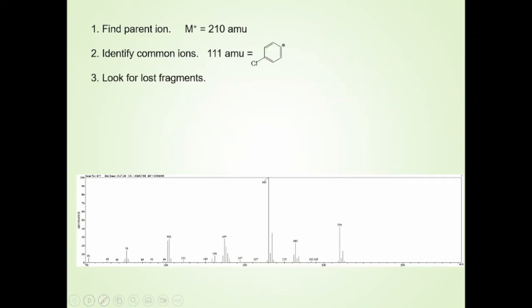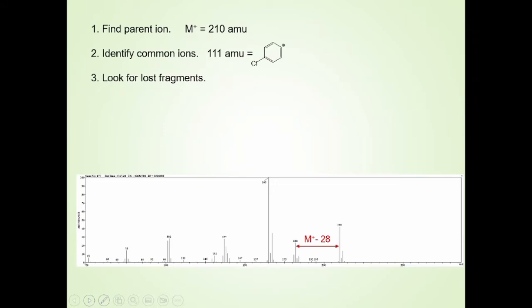The other thing we look for is lost fragments. So we look at the parent ion and what has been lost to give the other peaks. So for example, we have a peak here at 182. So if we look at the difference in mass between 210 and 182, it's a difference of 28. And we would think then, what has a mass of 28? Two things come to mind.